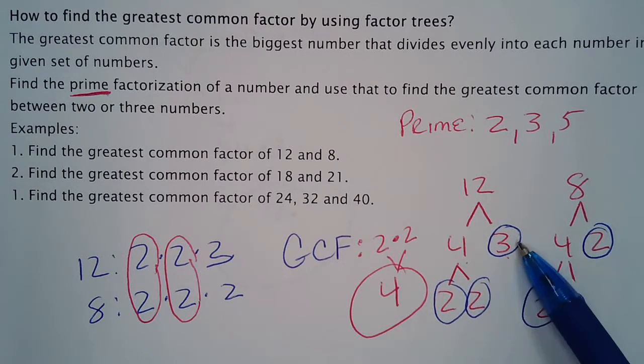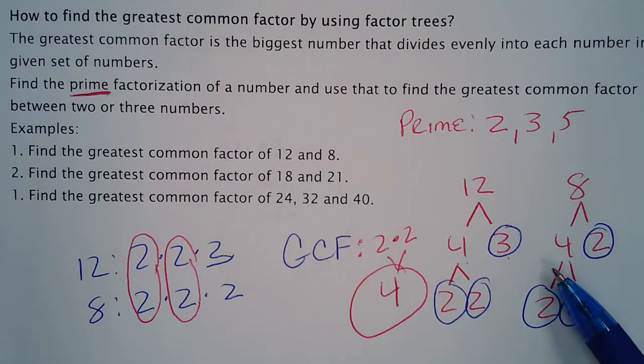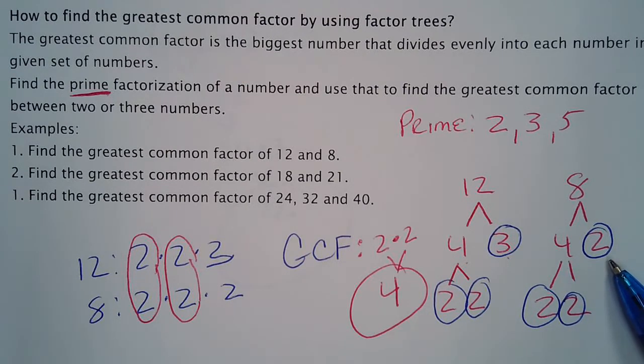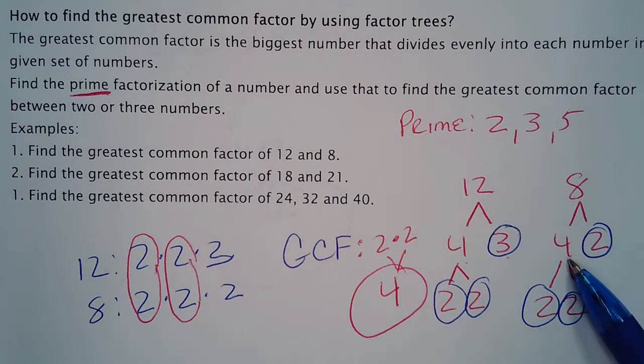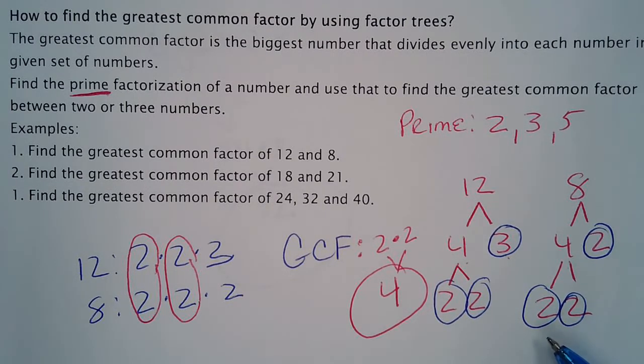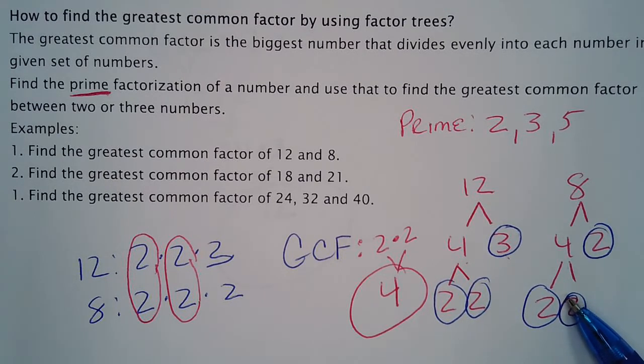Now on the ends, I have all prime numbers, so I circled them. We did the same thing for 8. Find two numbers that you can multiply to get 8. I used 4 and 2. 2 is a prime number, so we leave it alone. Circle it. 4 can be broken down a step further to 2 times 2. And then that's it. So now we have all prime numbers on the end, and I circled those.